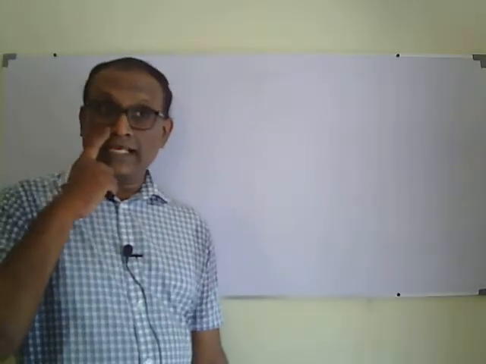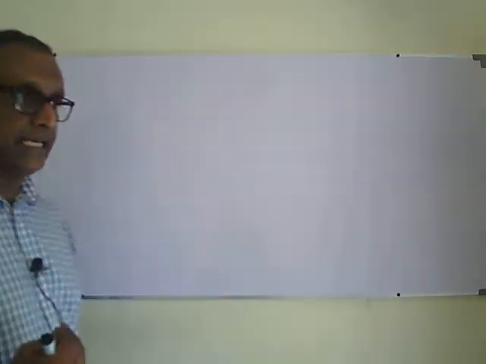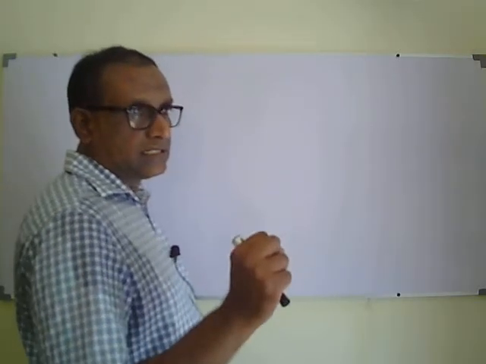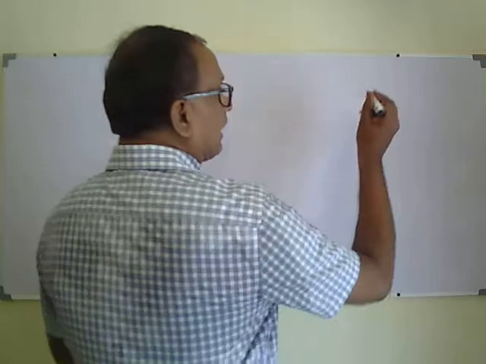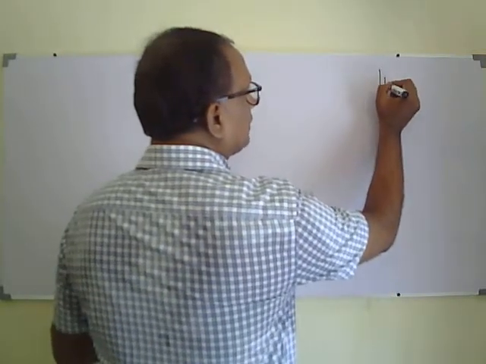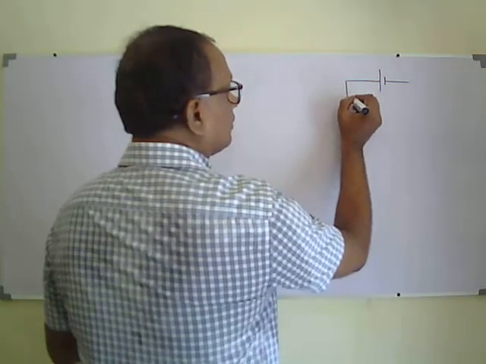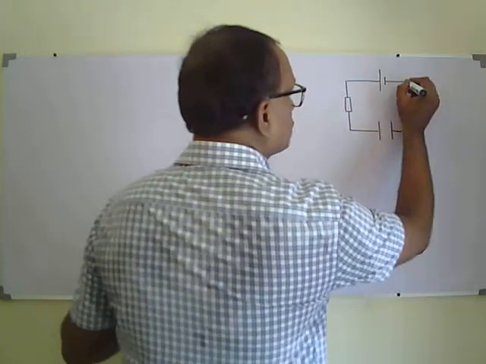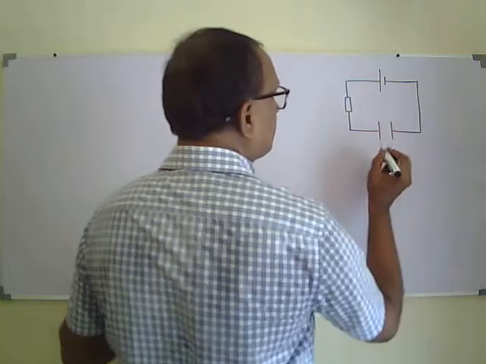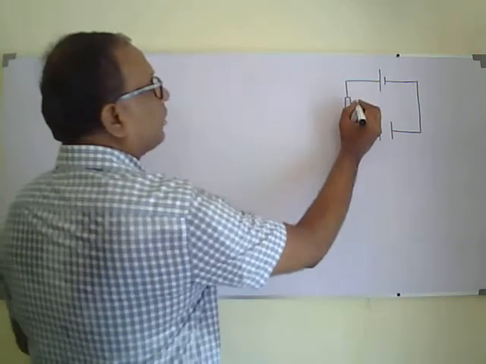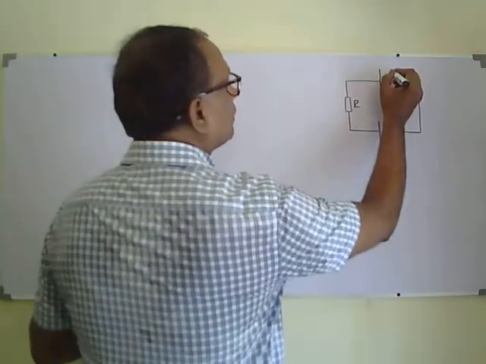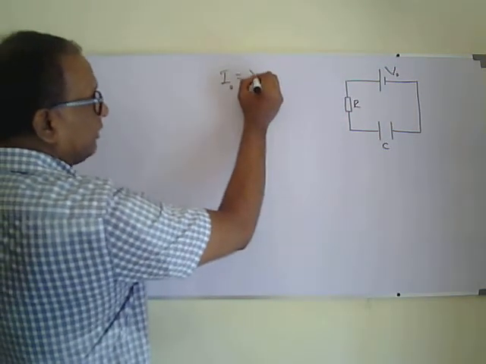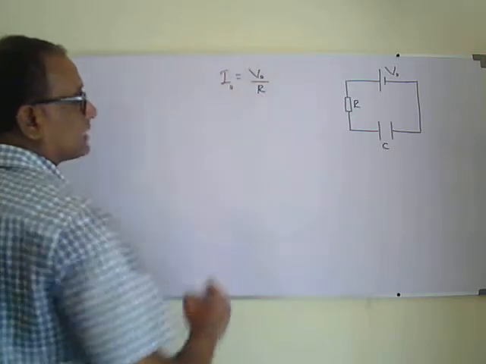As a summary, during the charging process, at the moment when you start charging, the initial current flow in the circuit is given by I naught equals the EMF over the total resistance of the circuit.